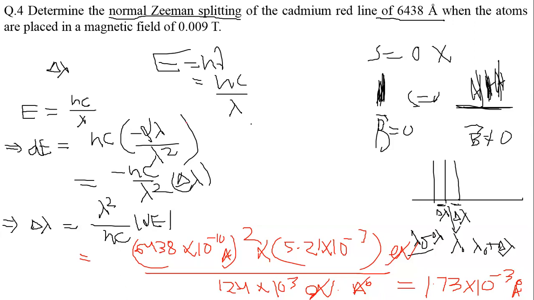The central line will be 6438 Angstrom, but the two lines will be displaced by 1.73 into 10 to the power minus 3 Angstrom. So one line gets converted into three lines. This is the normal Zeeman effect, and it occurs when spin is zero. So there is no consideration of spin, only of orbital angular momentum.